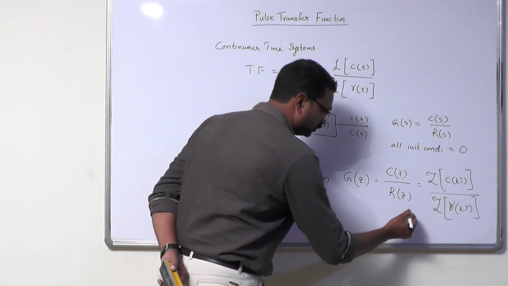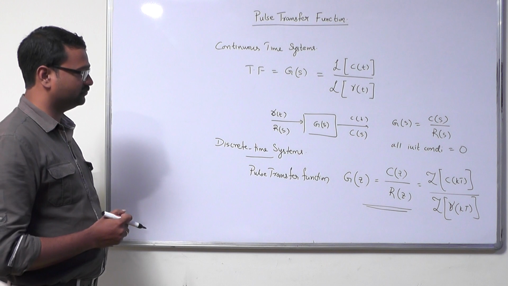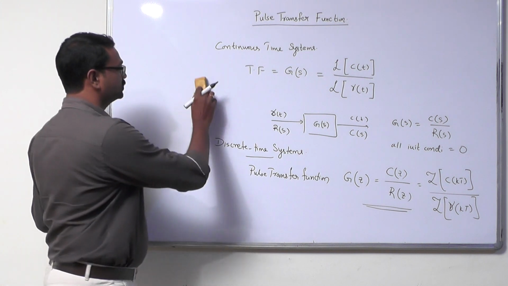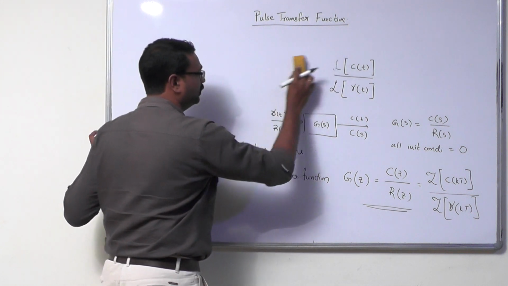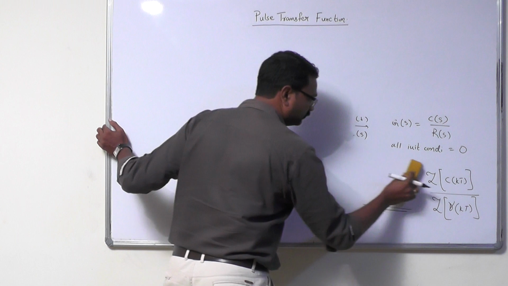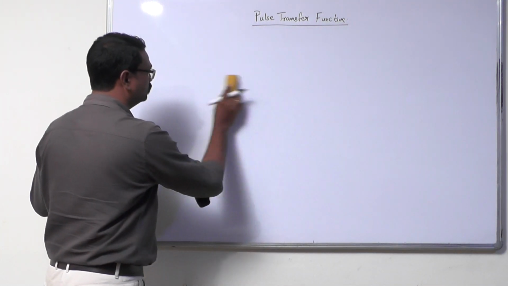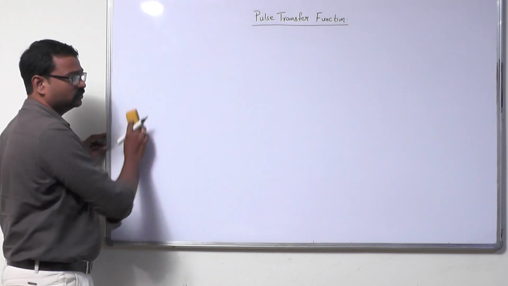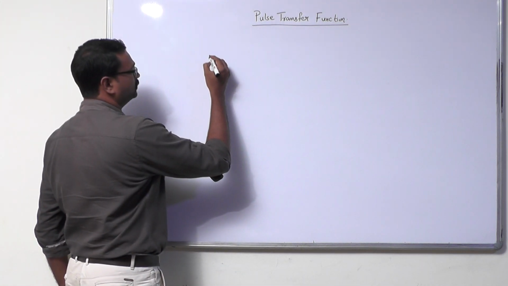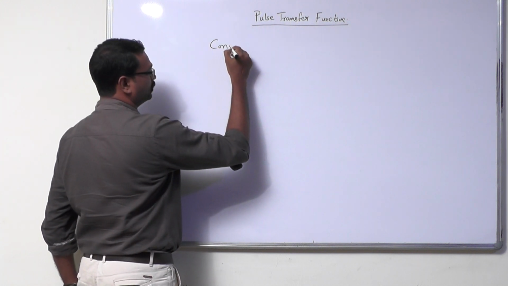Now we are going to define how we obtain the pulse transfer function for any discrete time system. Before going into this discussion of pulse transfer function, we are first going to analyze what a convolution summation is, because we are dealing with two time functions. Therefore, you have to deal with convolution summation.